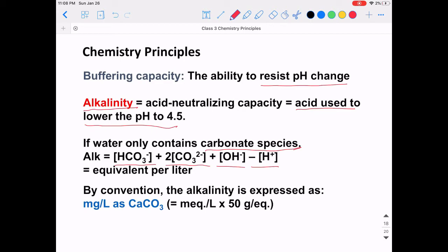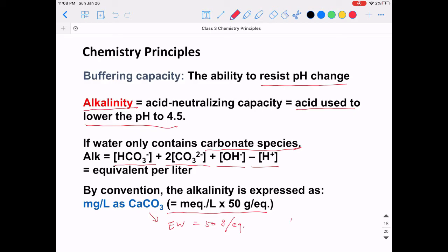The alkalinity is shown in the unit of equivalents per liter. By convention, the alkalinity is expressed as milligram per liter as calcium carbonate. So we want to use the equivalent weight of calcium carbonate too, and we have already calculated that the equivalent weight of calcium carbonate is 50 grams per equivalent, right?